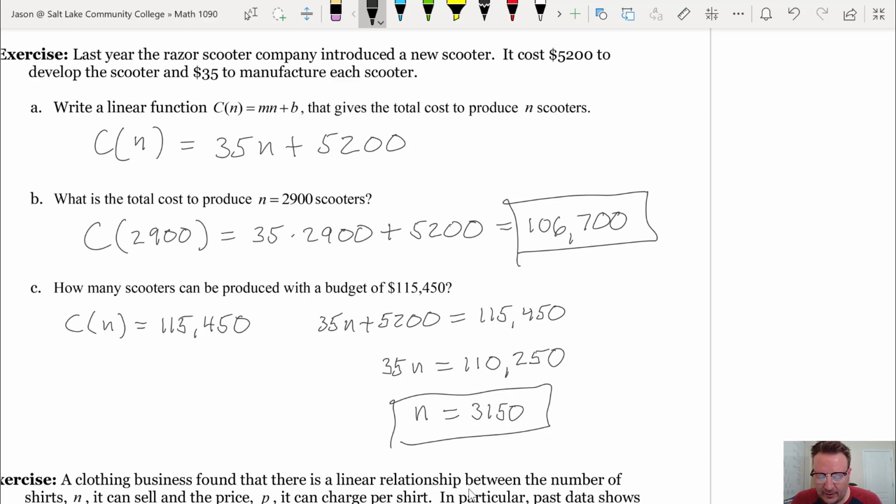Yeah, that seems reasonable. With the previous answer, for a budget of $106,700, we got 2,900 scooters. For another almost $10,000, we're going to get another 250 scooters.